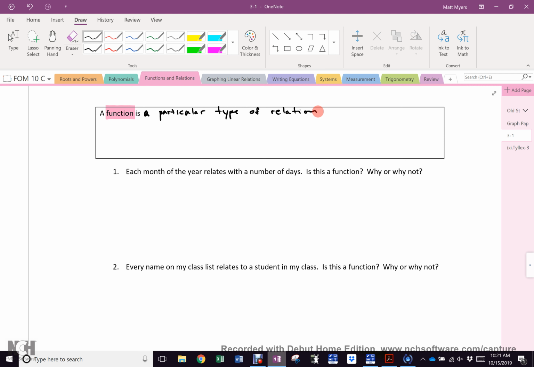But you need to understand, all functions are relations because you're comparing two things. But not all relations are functions because functions are very special kinds of relations. Everybody cool? All right. A function is a particular type of relation in which each element, thank you, Emma.